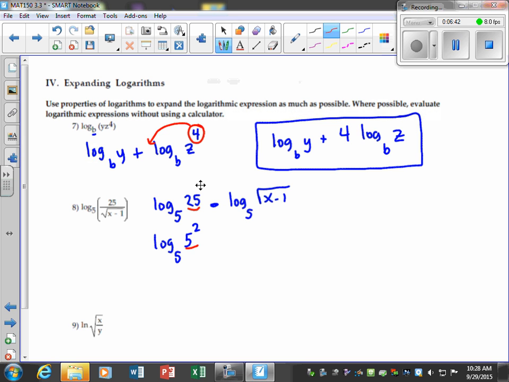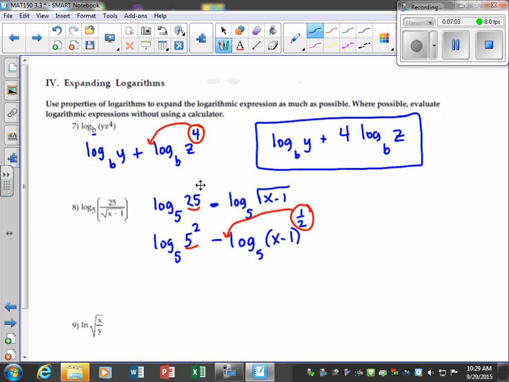Okay. Now, over here, can I rewrite the square root? This x minus 1, instead of writing the square root, I can just raise it to the 1/2 power, which then we have a power rule that lets us do this. So let's take this next step to simplify everything.